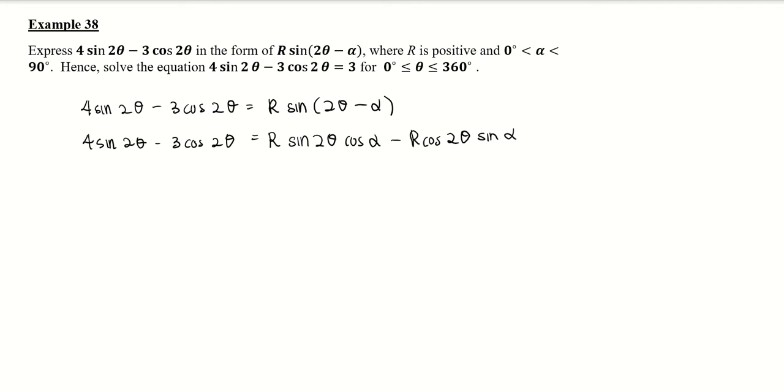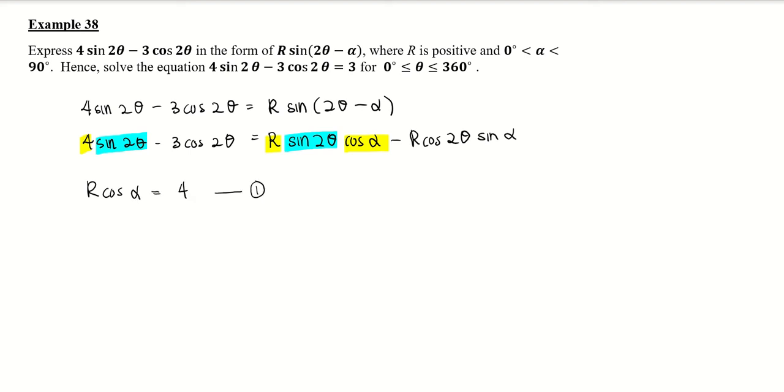And then we compare. Here is the term that has sine 2 theta, and here is the term that has sine 2 theta, so that means 4 is equal to r cos alpha. So we get the first equation: r cos alpha equals 4.